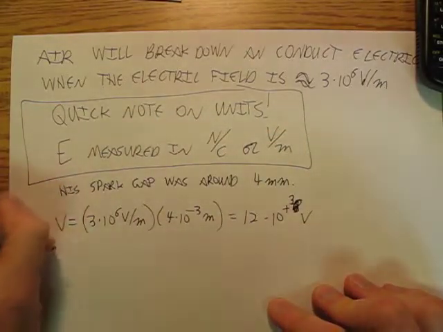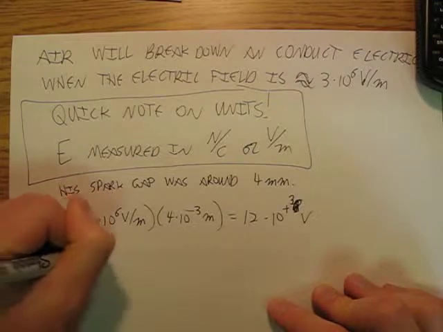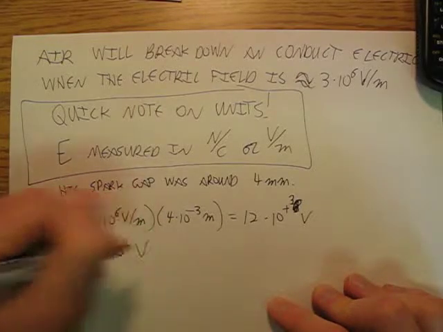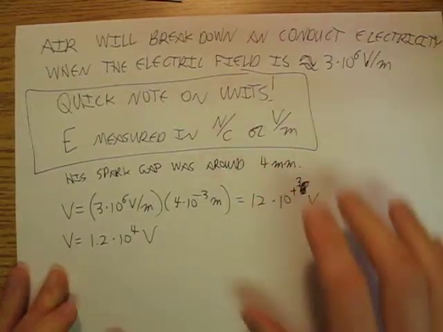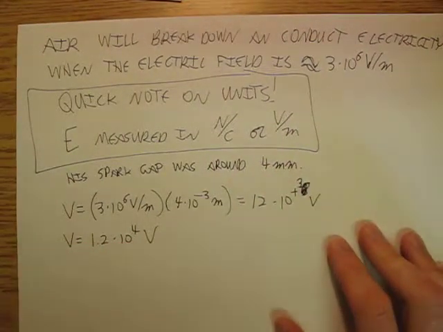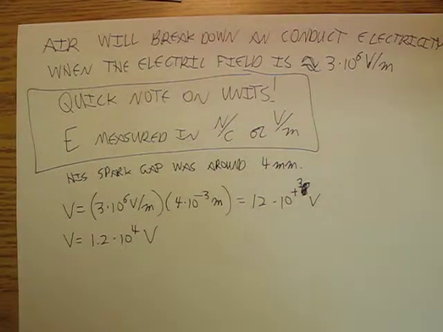So his voltage was 1.2 times 10 to the fourth volts. That's a reasonable assumption for how much voltage he generated.